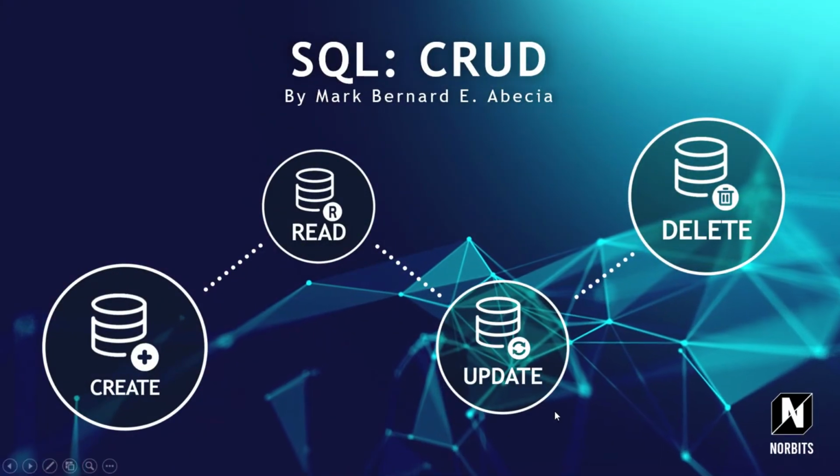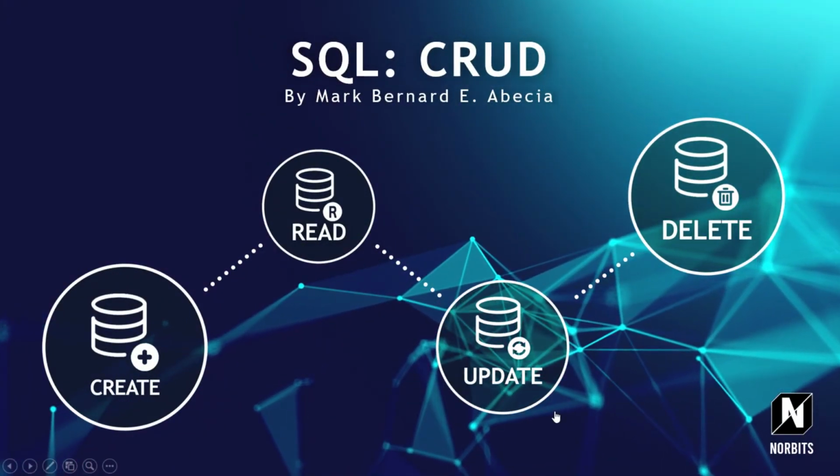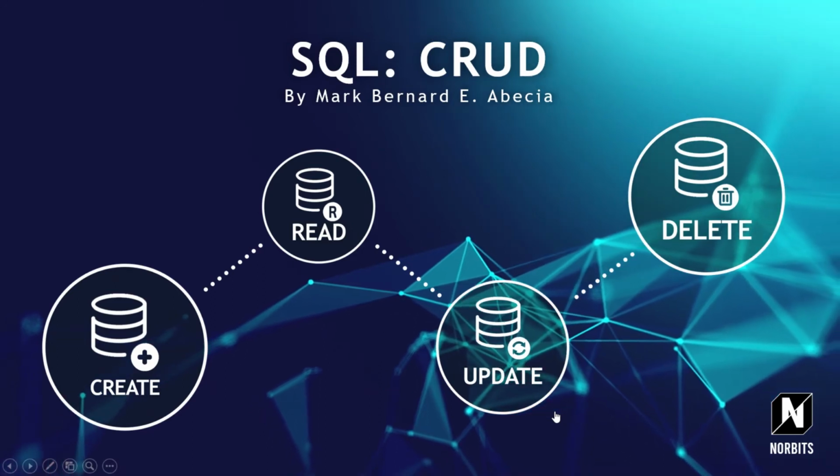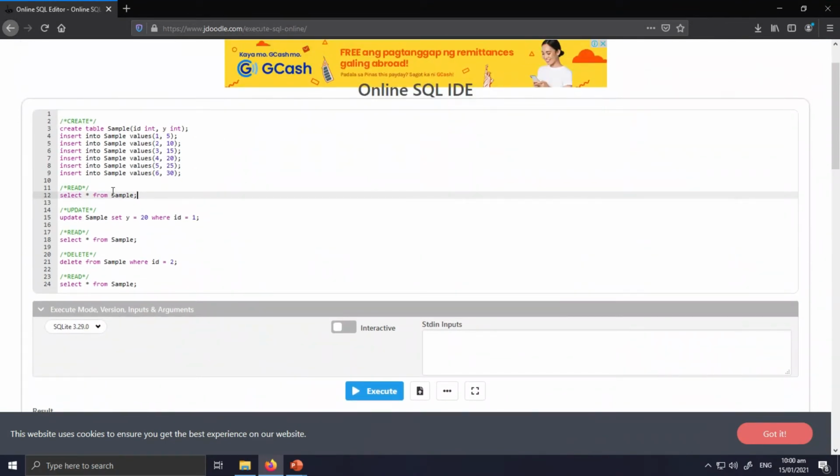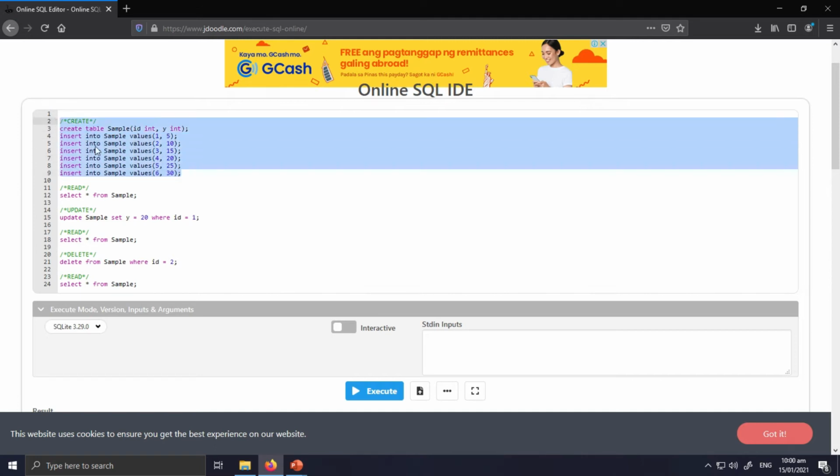And for the next one, I am going to present to you an example of how to use this CRUD. Here, as you can see in my codes, I create a table with the name of sample with the columns ID and Y in integer data type. I inserted 6 rows with the values 5, 10, 15, 20, 25, 30. This is the create.